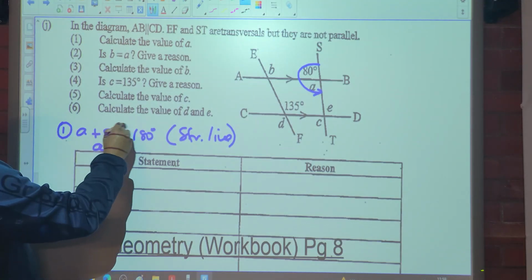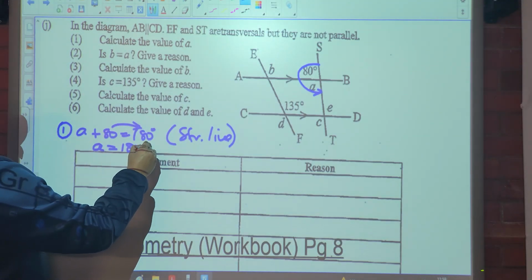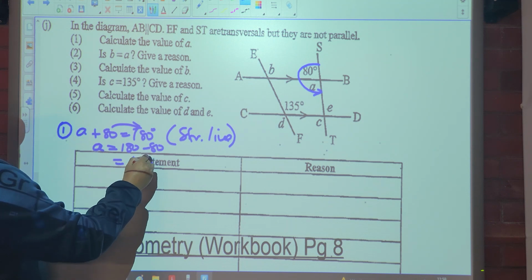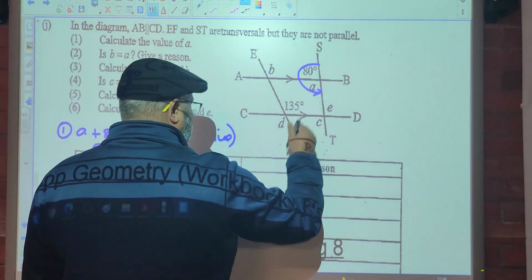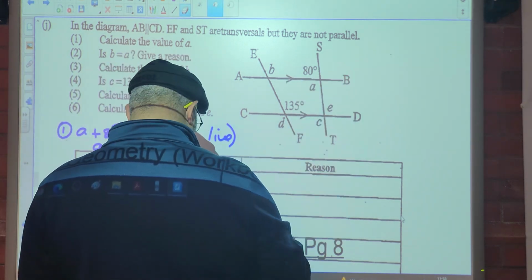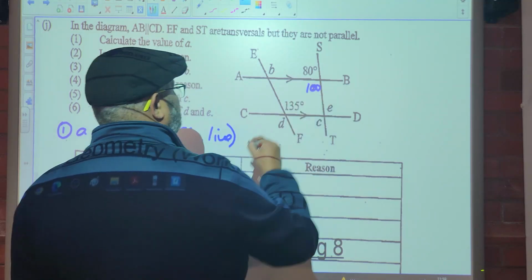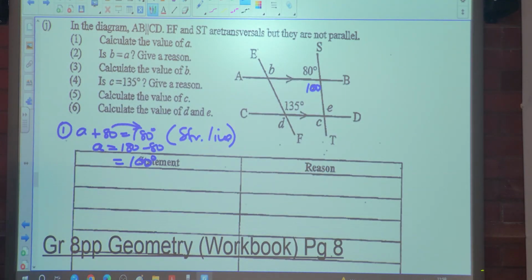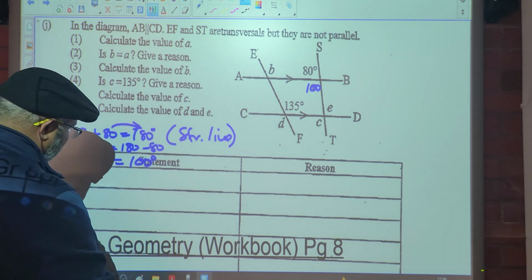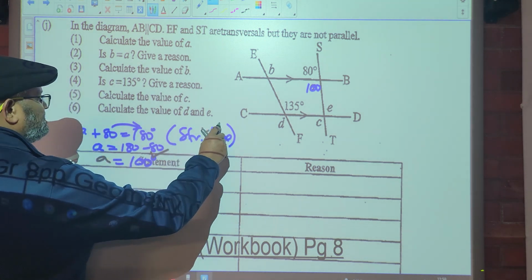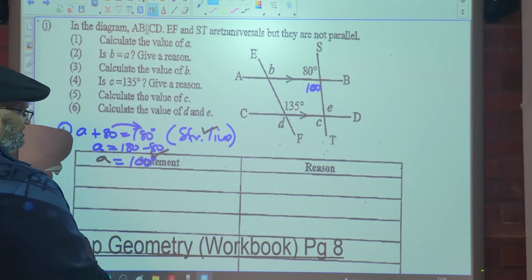So A is equal to 180 minus 80, which is 100. You could have just said A is 100 and the reason. Okay, but not everybody is sharp like that. You could have just said A is 100, mark it.